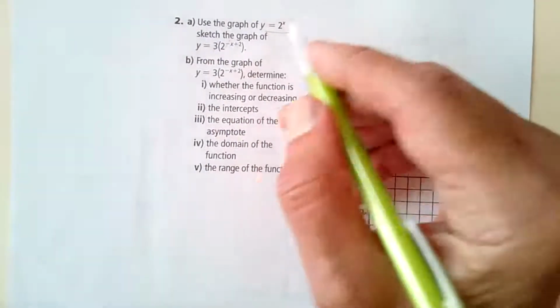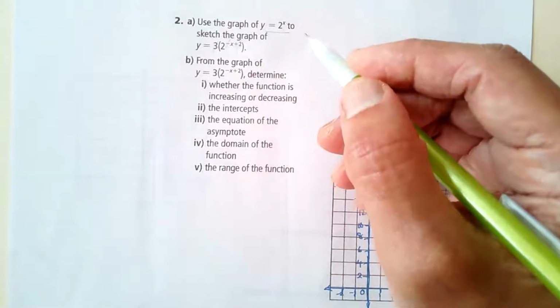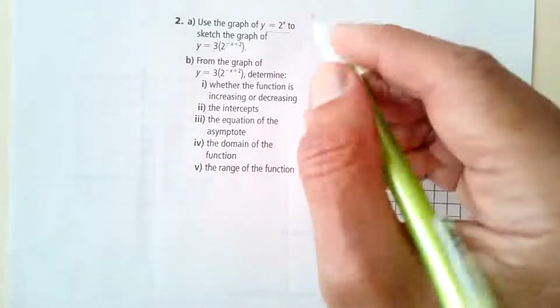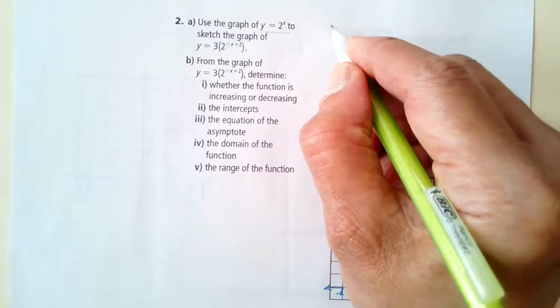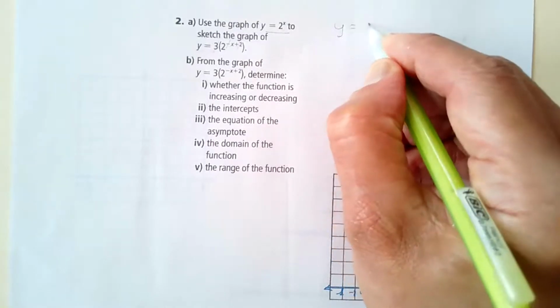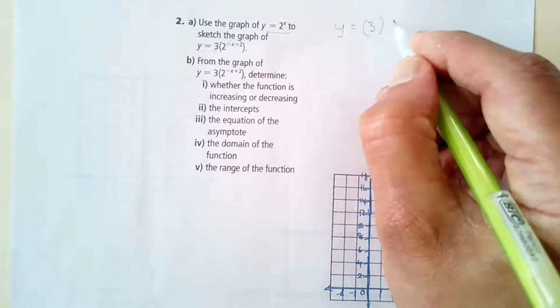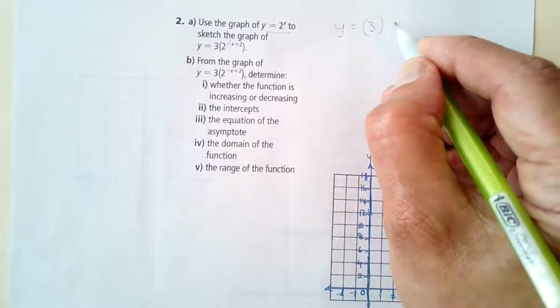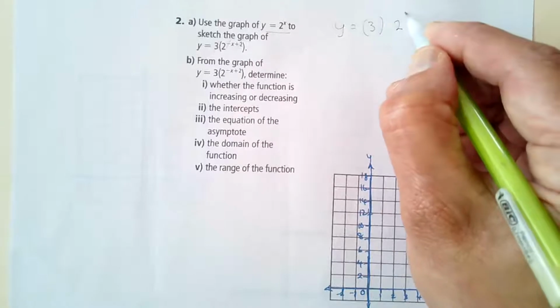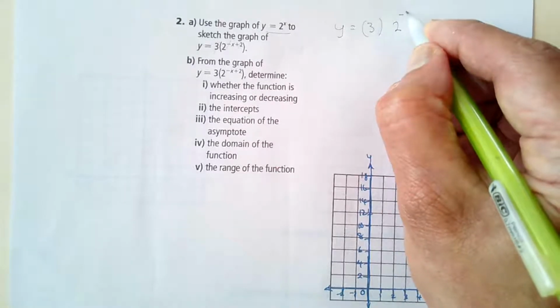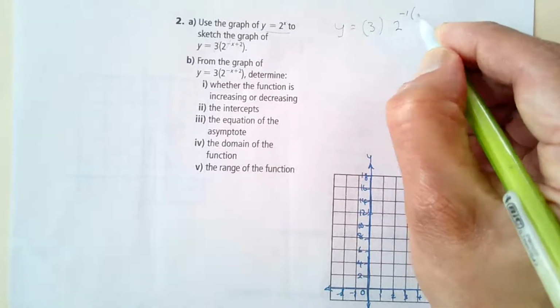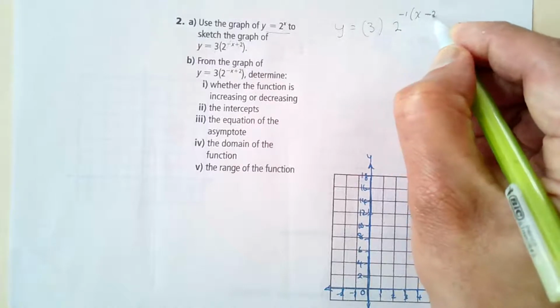So now, for this graph, if we were to transform this, we have y is equal to 3. Now, I like to put this in brackets here, as 2 to the power of negative 1, x minus 2.